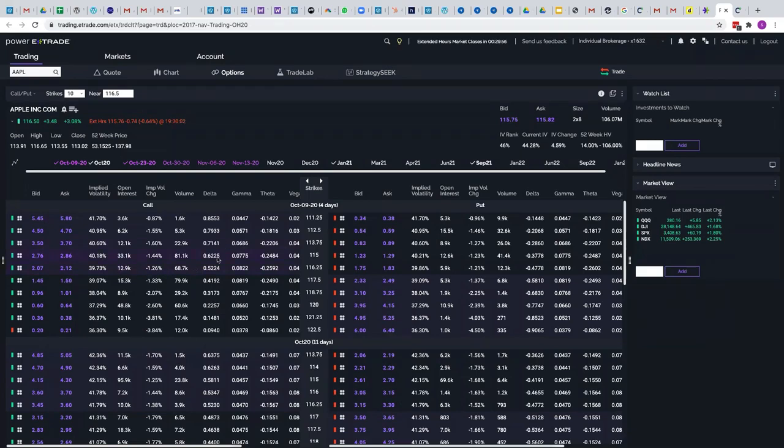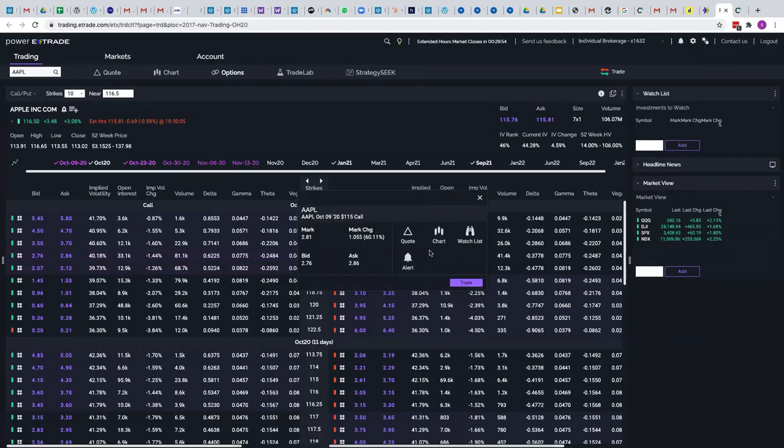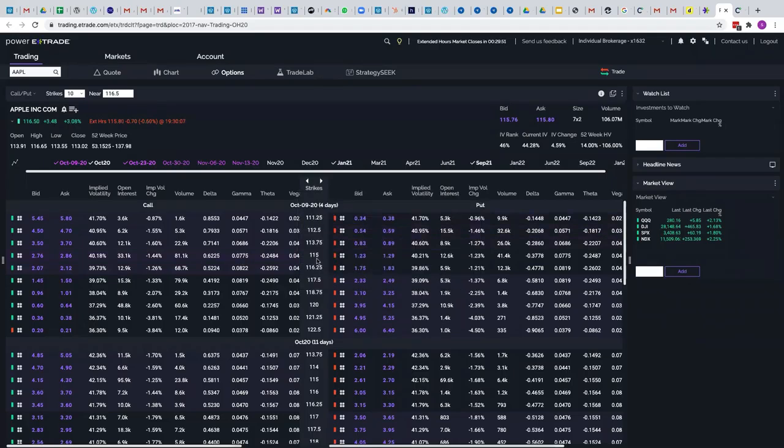Delta is 0.625, and this 0.07 is gamma. So let's say tomorrow it goes from 116.50 to 117.50, then your delta will keep increasing. It will become 0.69, because 0.625 plus the variation of delta for every dollar move. That means your options are moving faster now. So deep in the money calls will get you more value for your buck as it becomes deeper and deeper.